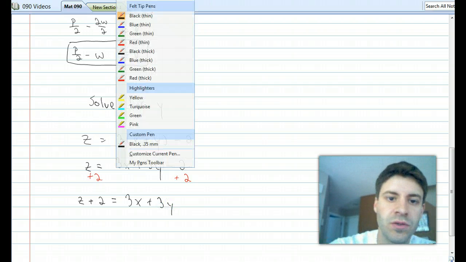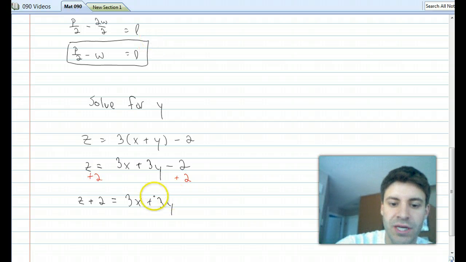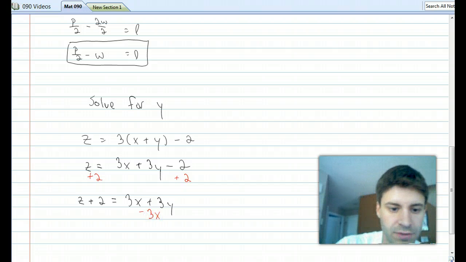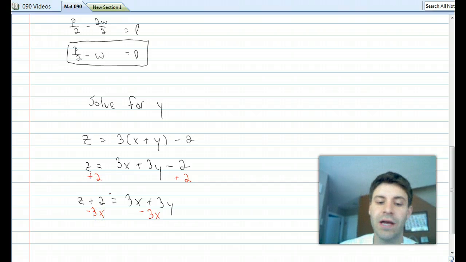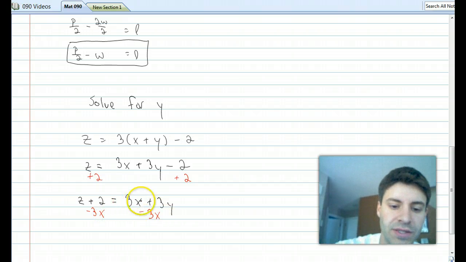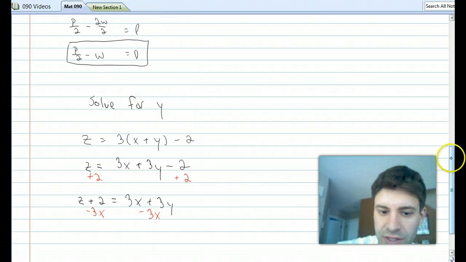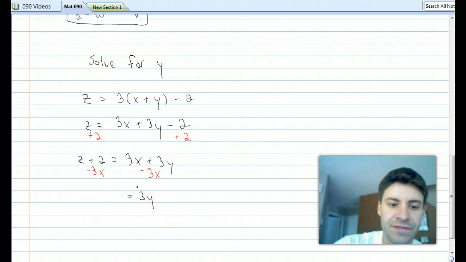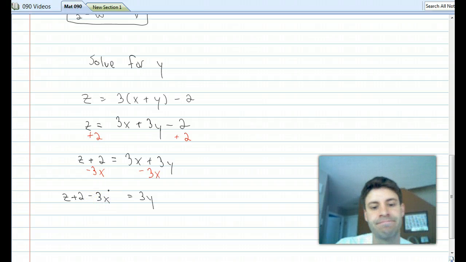Now what we can also do, and we could have done it in that previous step as well, to get this y term by itself, we're going to subtract 3x from both sides of the equation. And what that'll do is cancel the plus 3x and the minus 3x on the right side of the equation, leaving us with just a 3y. On the left now we have z plus 2 minus 3x.